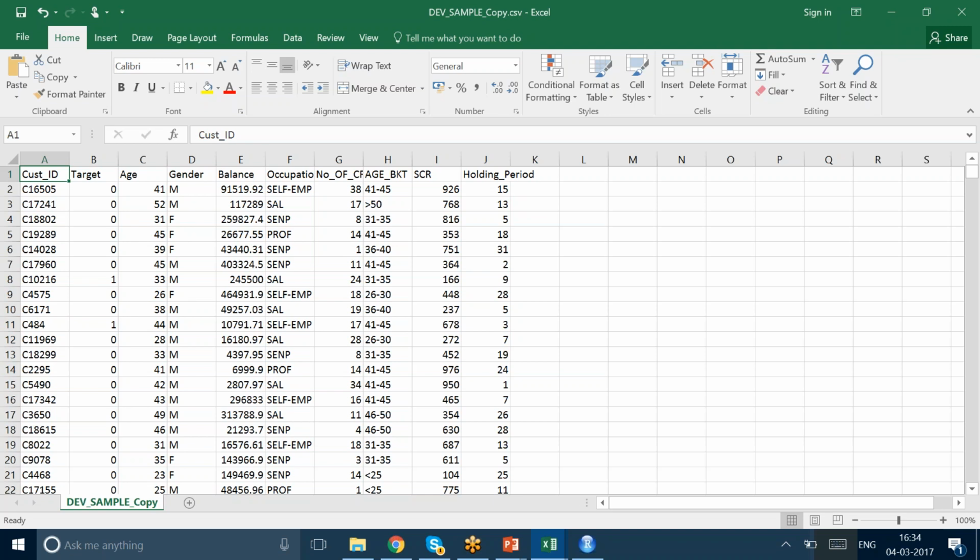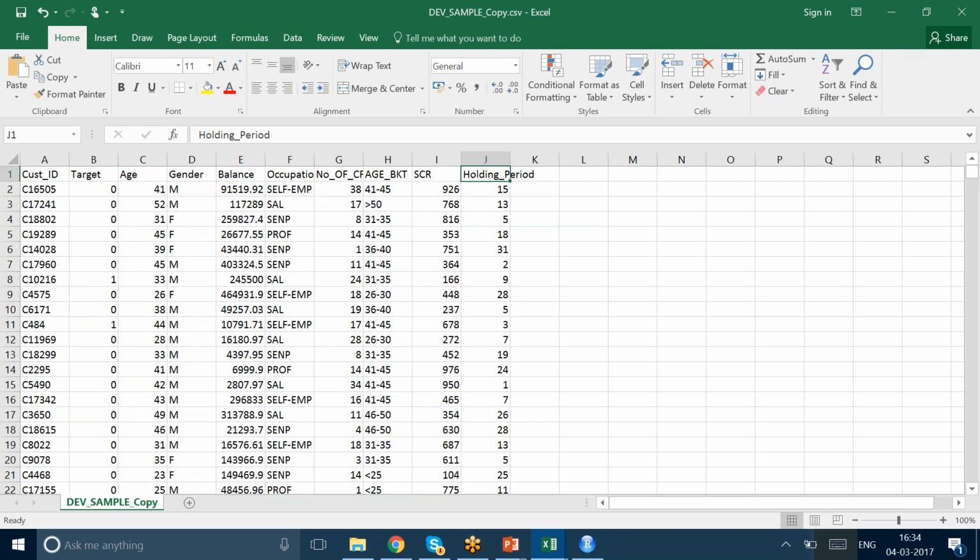Now we are trying to build a model which will help us predict. If we use the model going forward, we are going to predict who is likely to be a loan taker and who is not likely to be a loan taker. For that, I have got certain demographic variables: age, gender, occupation, and certain behavioral variables: balance, number of credit transactions, score, holding period.